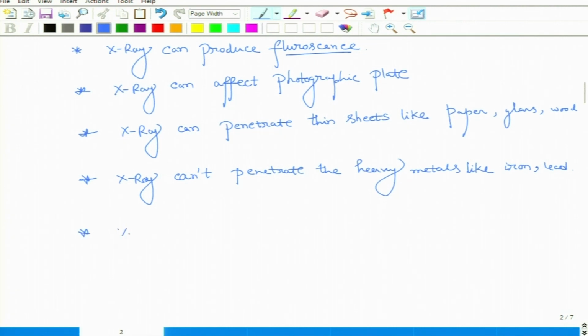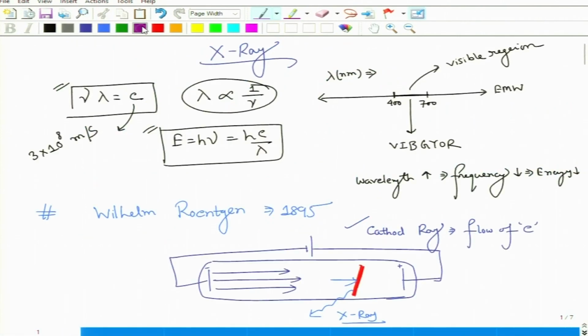And these X-rays are actually not streams of charged particles. How can it be confirmed? It can be confirmed easily. If you put an electric field in the path of the X-ray, plus and minus, it will not be deflected.